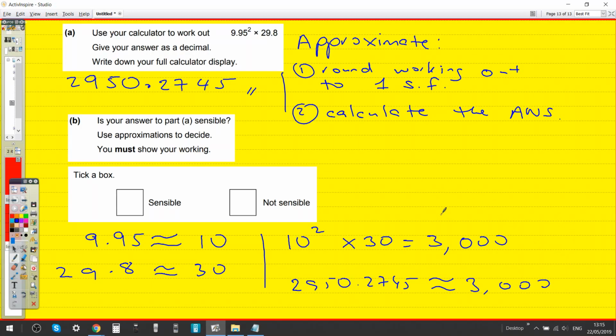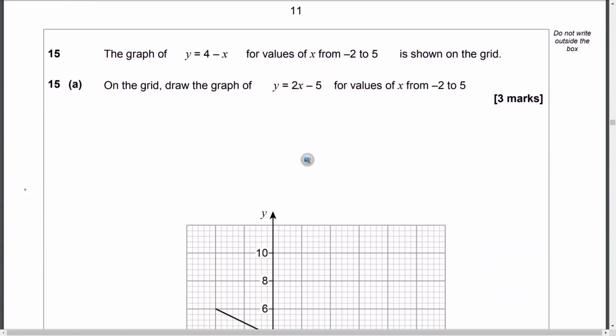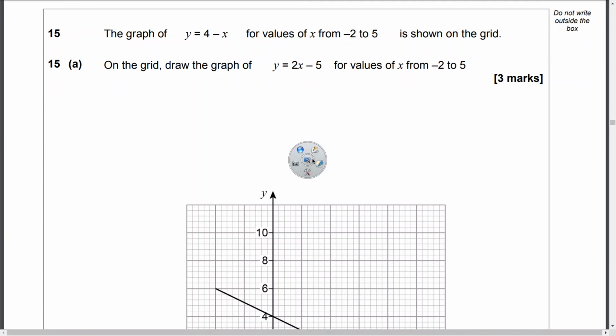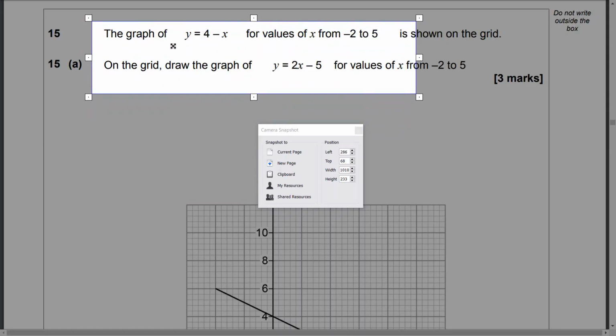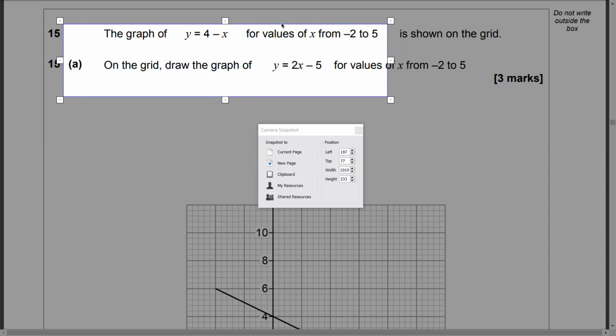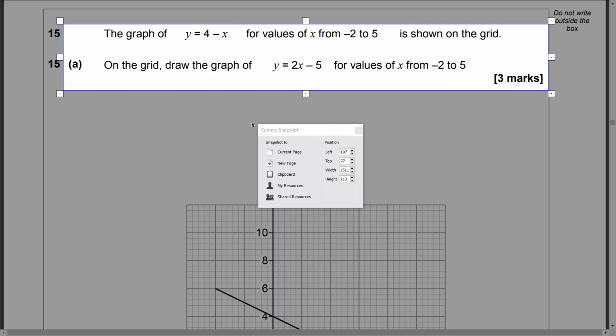Yes. And so it's sensible. And in fact, I don't see how it couldn't be sensible given how you used your calculator to get it. That's what's strange. Usually they do it the other way around. And usually it's a non-calculator question, but there you go.